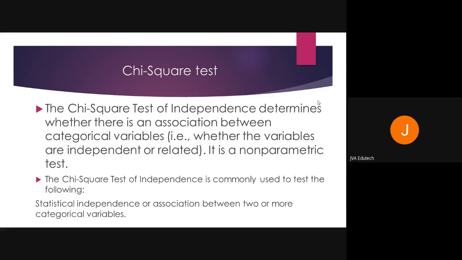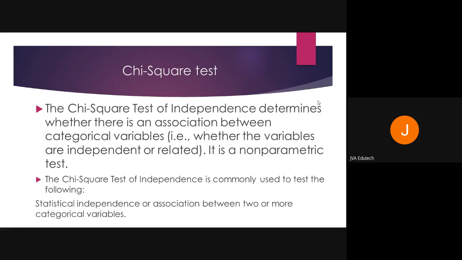Chi-square goodness of fit is used when we want to do a model fit, where you have some non-parametric variables. Whereas chi-square test of independence is the test which is used to test the relationships, or simply we call it as chi-square.